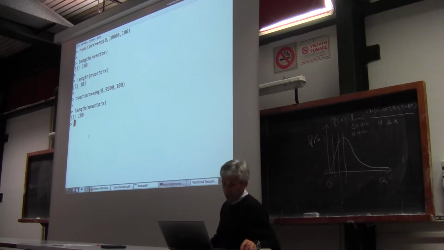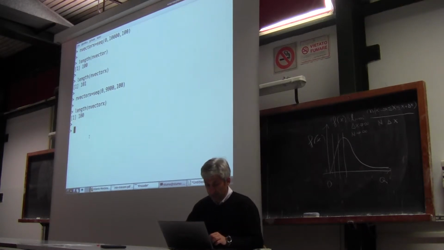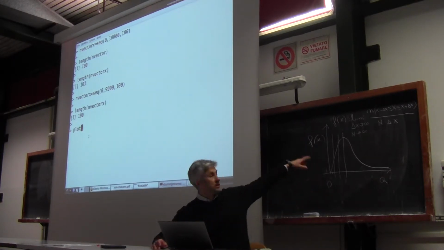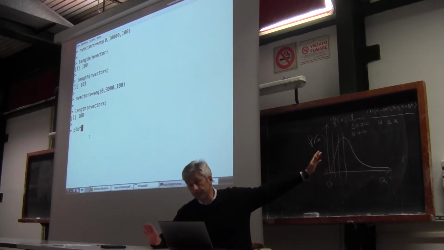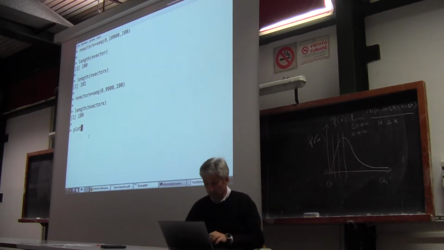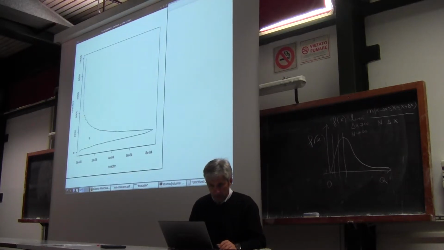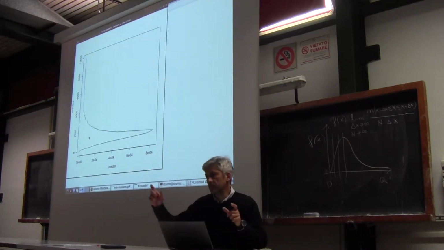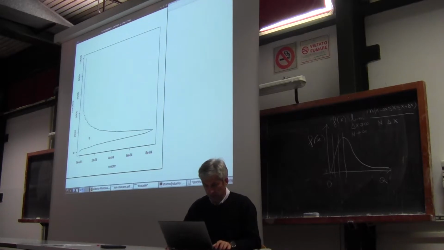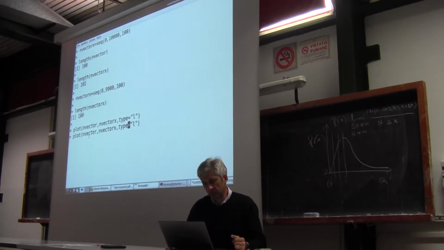Okay, now let's see with the plot what happens. And remember that I am expecting something that is long tail on the right. Plot n vector x, type equal line. I inverted the x with the y, so let me go back, because first I have to put the x.